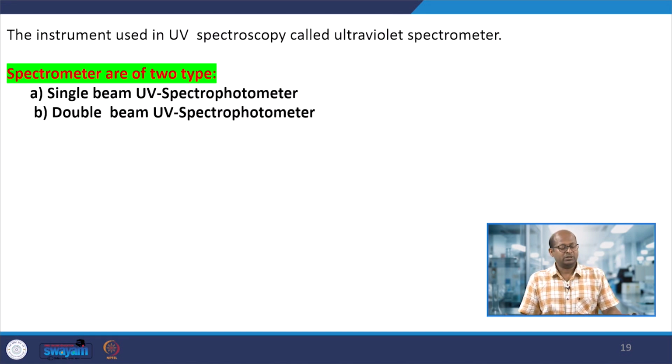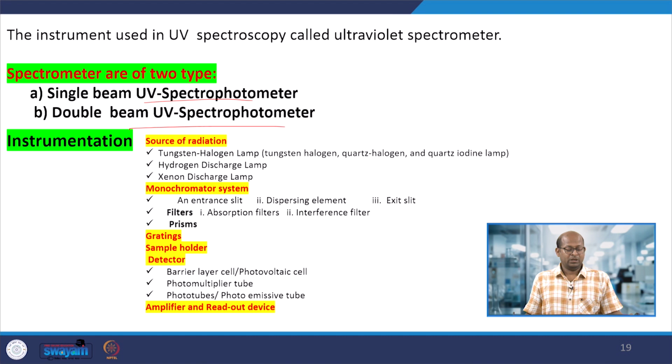Usually for UV spectroscopy, two types of instruments are available: the single beam UV spectrometer or the double beam UV spectrophotometer. In the instrument we can see the radiation source, meaning the ultraviolet and visible rays are developed by some lamp.